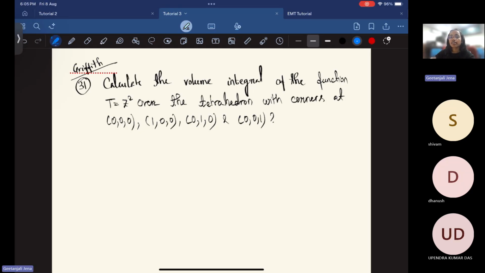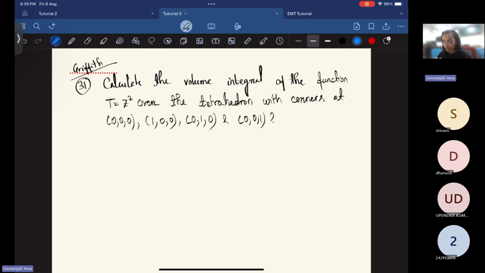Besides that, we also looked at one function that is useful for EMT, the Dirac delta function, and its different properties: how it behaves on a function, on a derivative, etc. So let me start solving a few problems.